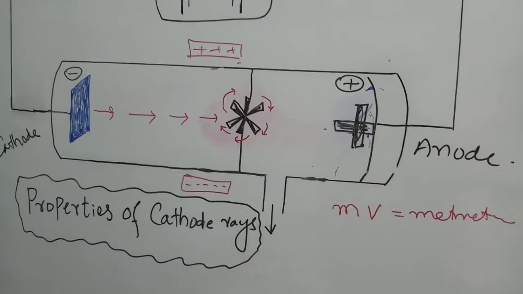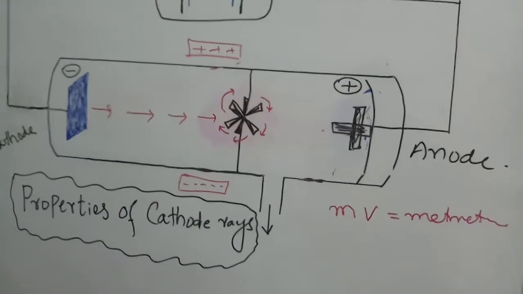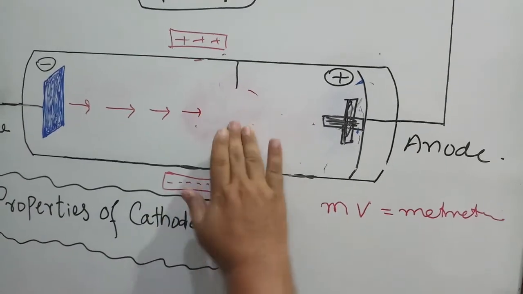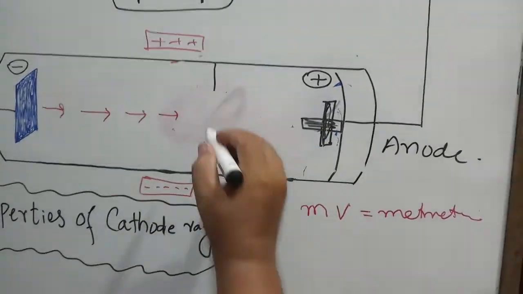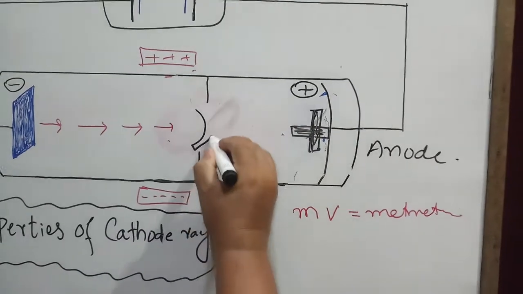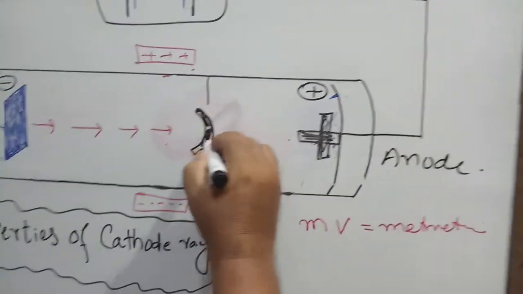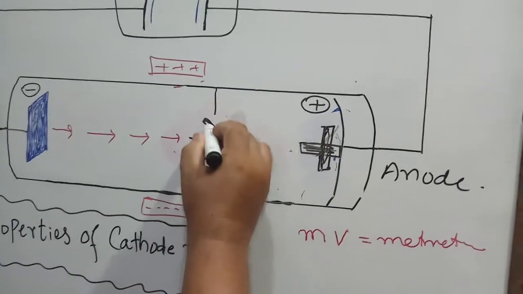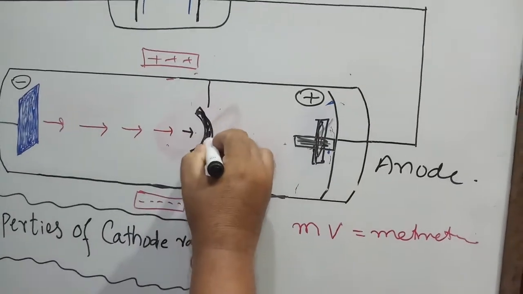Similarly, another property is that when an object was placed in the path of the cathode rays, let's say a plate here, and the cathode rays were allowed to strike this plate, it heated up.